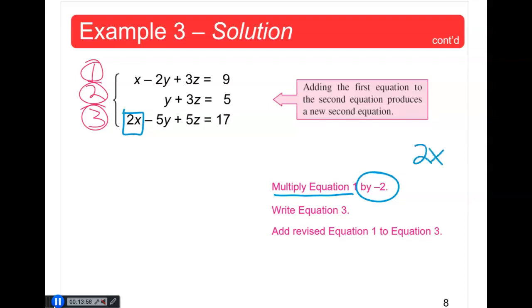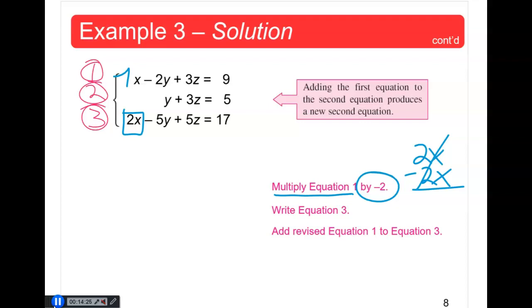So if we take the first equation and multiply that 1x by negative 2, we will have negative 2x. And so once we add the two equations, we will be canceling or eliminating the x variable from equation number 3.